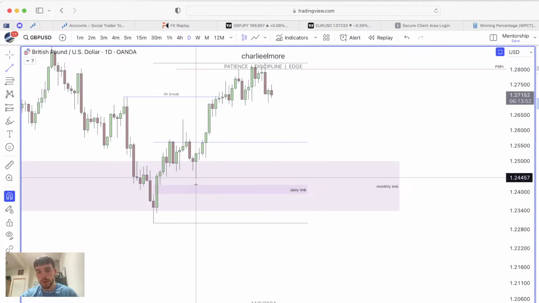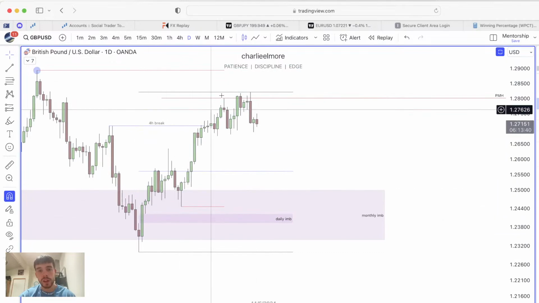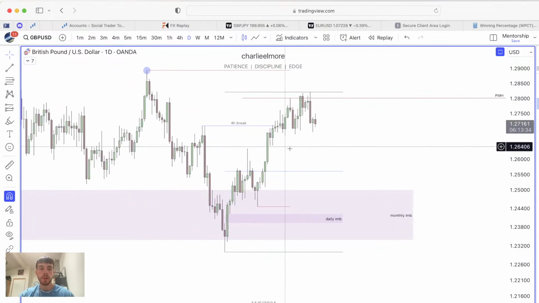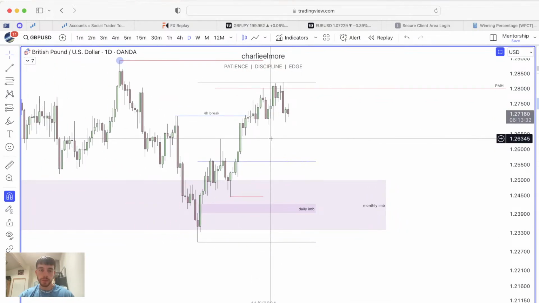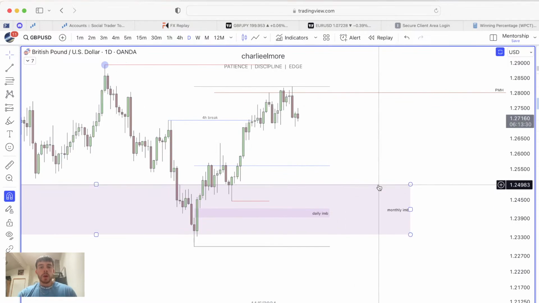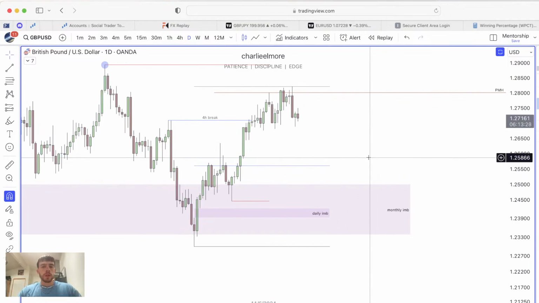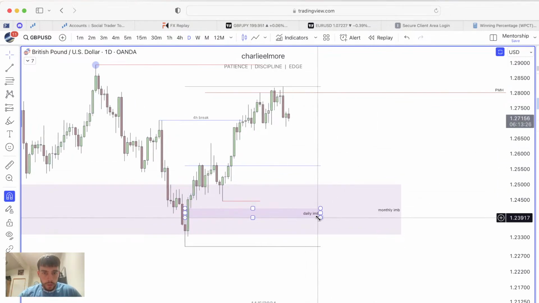And what do we have above that? We have this. And what is that? It's liquidity. It's a low above a daily imbalance that is within a discount of a bullish 4 hour leg. So yeah, that could be a very, very nice opportunity to go long from all the way down here.